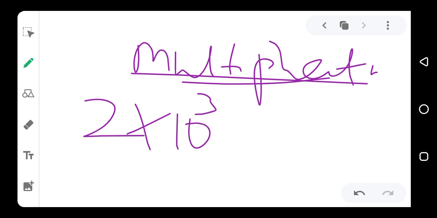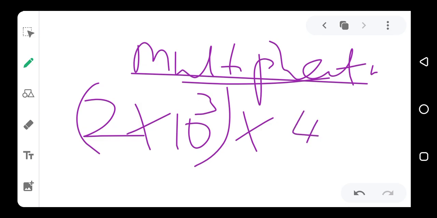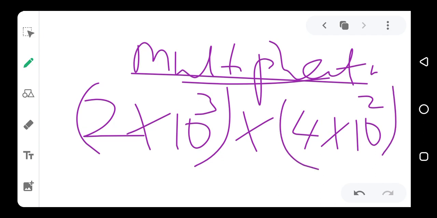Now let's say that you have another number, times 4 times 10 raised to power 2. Now how do we multiply this? To multiply this number, we multiply this 4 and 2 together and take only one 10.